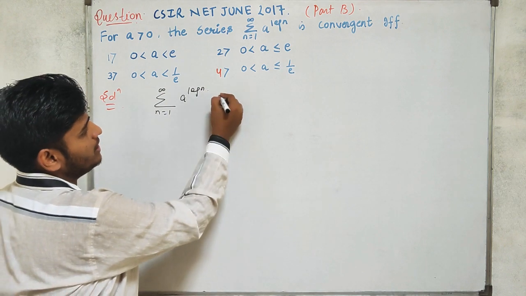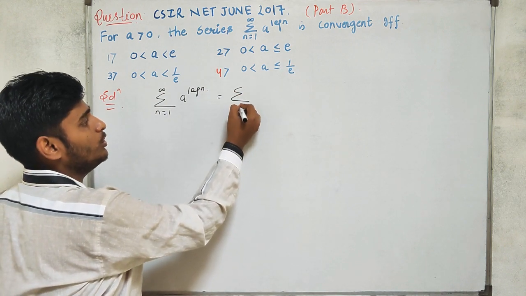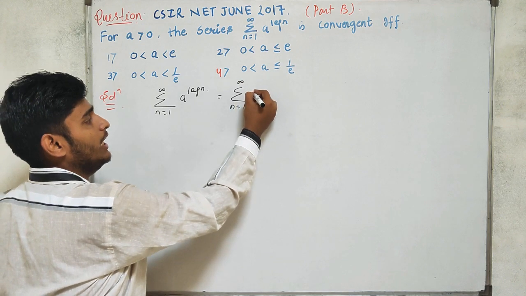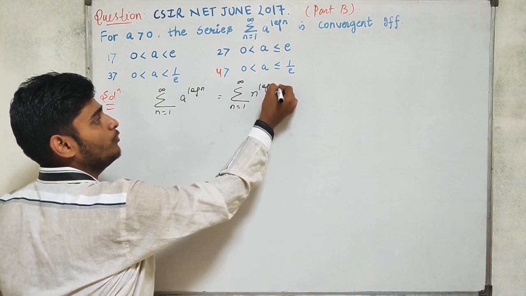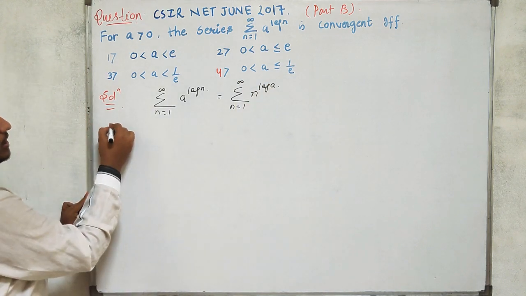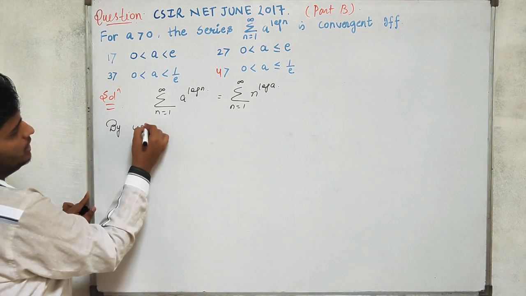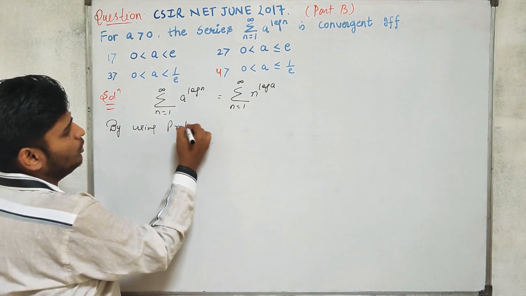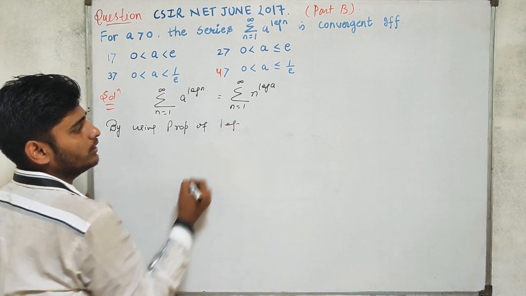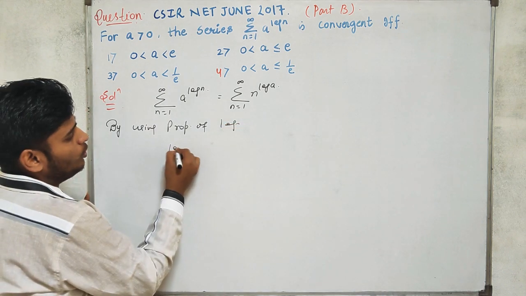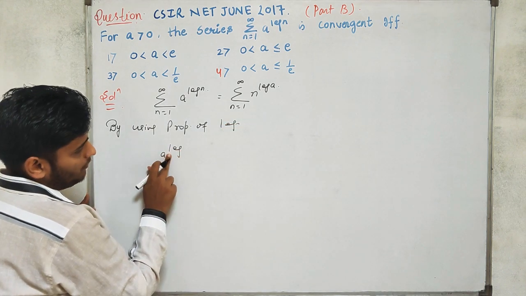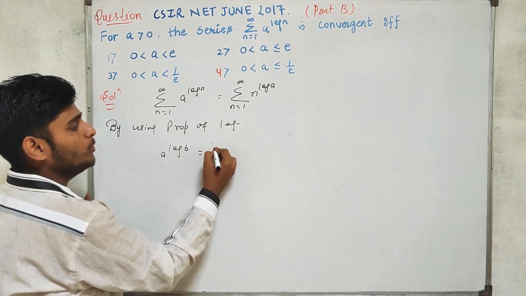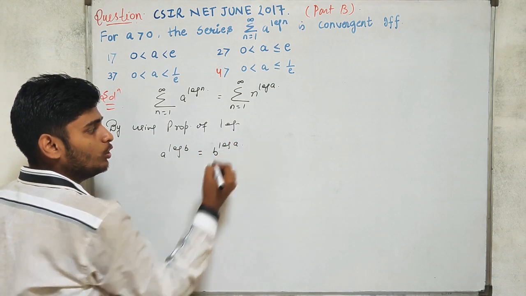This series becomes equal to the series n going from 1 to infinity of n raised to power log of a. This can be done by using a property of log: a raised to power log of b is equal to b raised to power log of a.